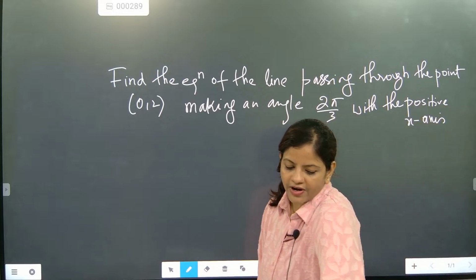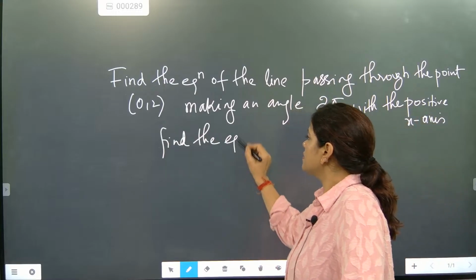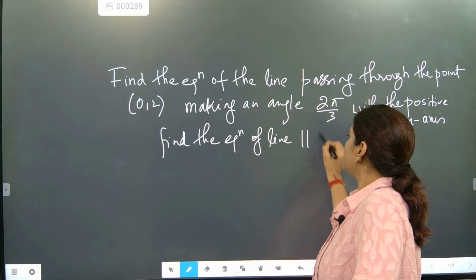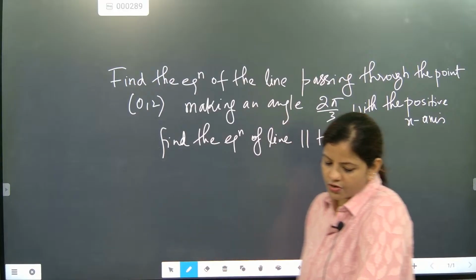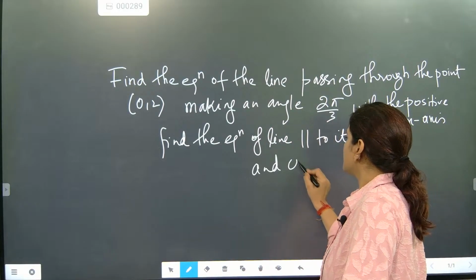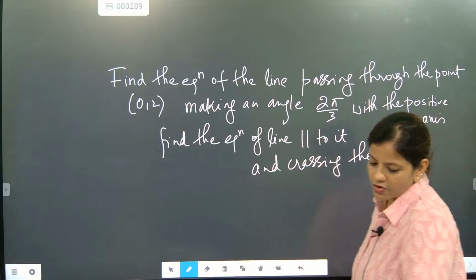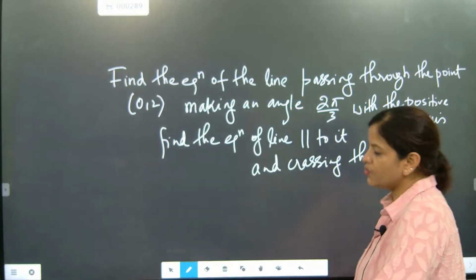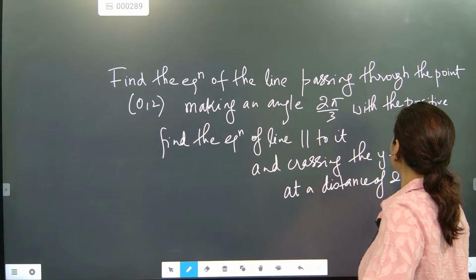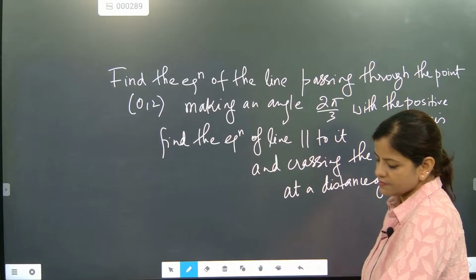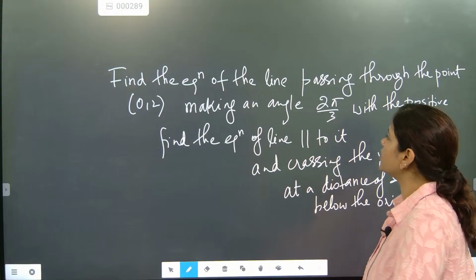I just wrote it short. Find the equation of the line parallel to it and crossing the y-axis at a distance of 2 units below the origin. So this is exactly the question we have taken.